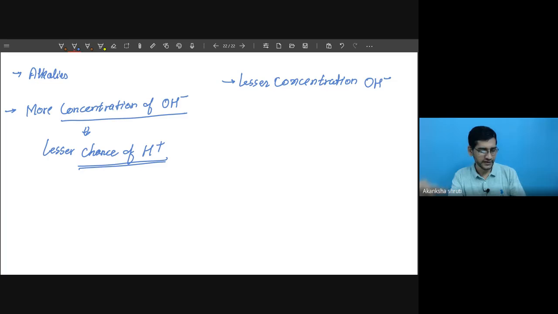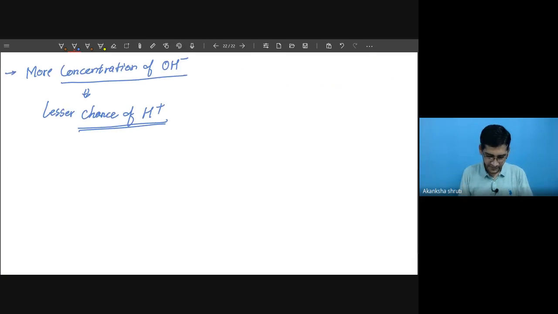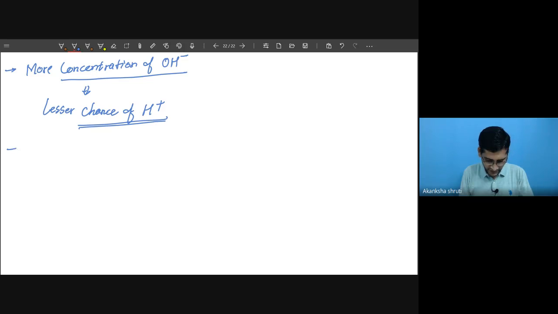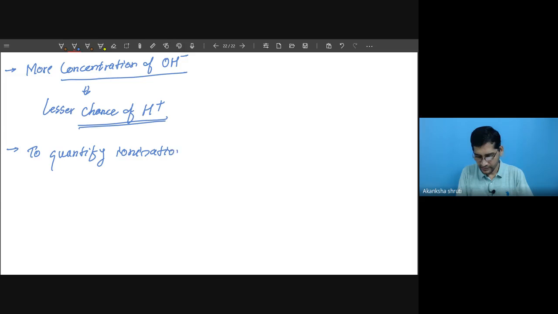So students, let us start with our new topic called pH scale. To quantify ionization may be given in terms of H plus or OH minus.